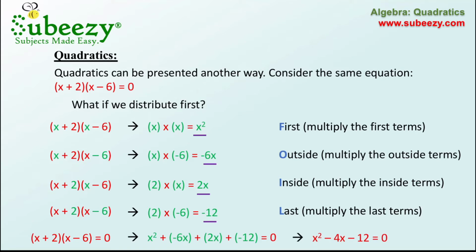Negative 6x plus 2x is equal to negative 4x. So our final equation is x squared minus 4x minus 12 is equal to 0. Most often, quadratic problems will present the equation in this form, rather than the two quantities being multiplied together.